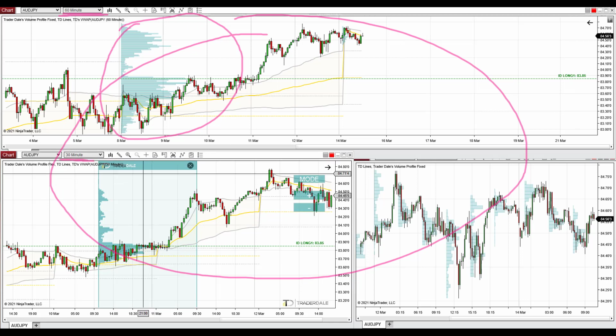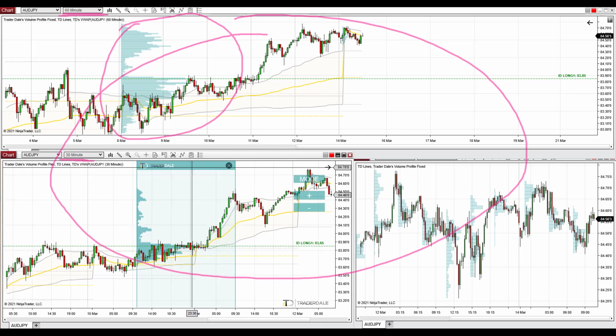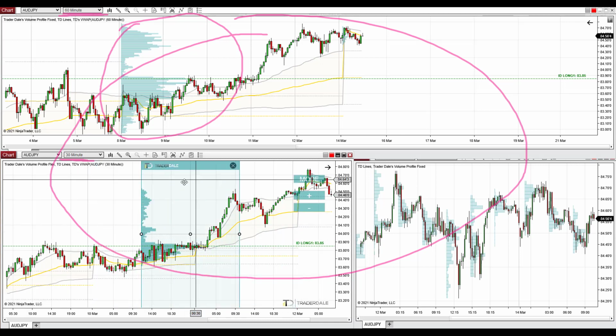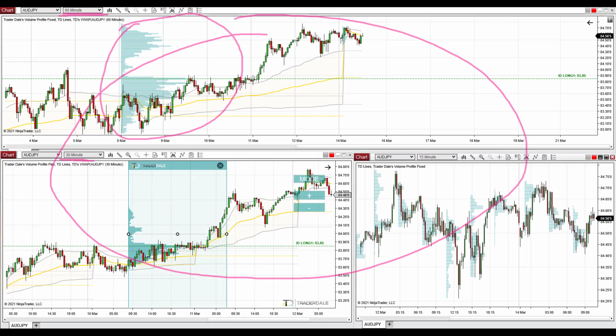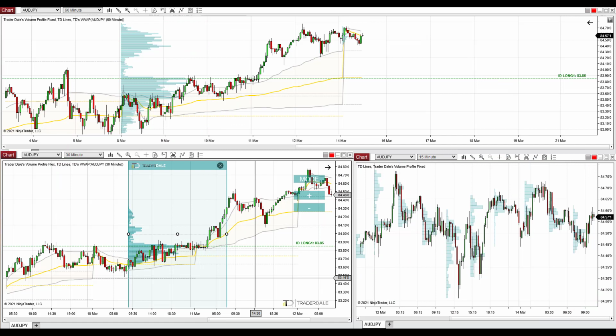And in this chart, I use a flexible volume profile. That's a profile which you can move around like this. And the last chart, that's 15-minute chart, more detailed chart, where I have 4-hour profiles, which means every 4 hours, new volume profile gets printed. Alright, so that's my volume profile day trading workspace.